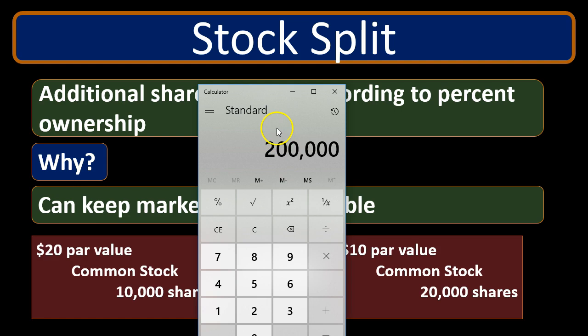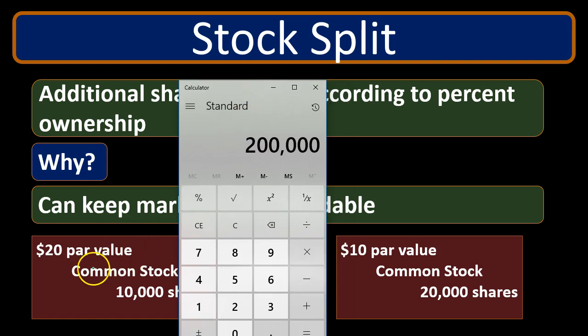The only difference is going to be in the wording. In the prior example, we have $20 par value, 10,000 shares outstanding, whereas once the stock split happens, the wording says there's $10 par value and 20,000 shares outstanding.